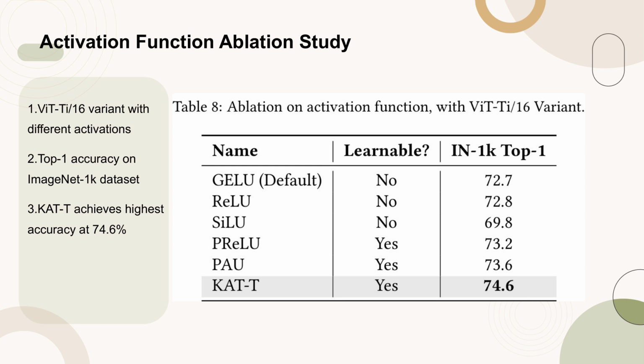The results show that traditional activations like GELU and ReLU perform similarly, while learnable activations such as PReLU and PAU demonstrate improvements. Notably, the KAT model, which incorporates GR-KAN, achieves the highest accuracy at 74.6%, outperforming GELU by 1.9%. This suggests that GR-KAN significantly enhances the expressiveness of MLPs in vision transformers.